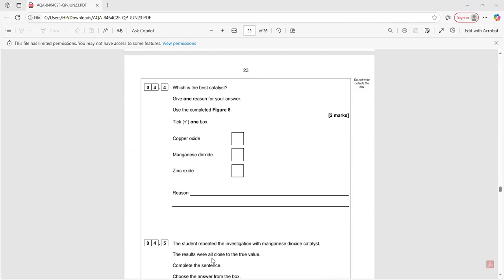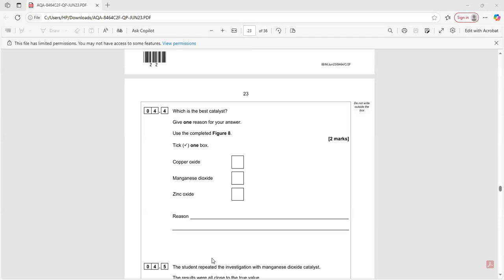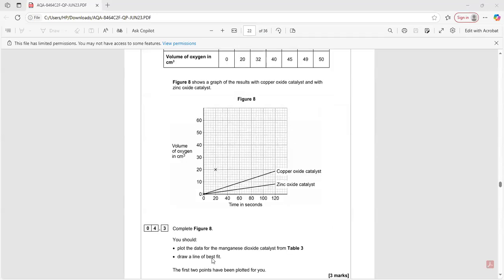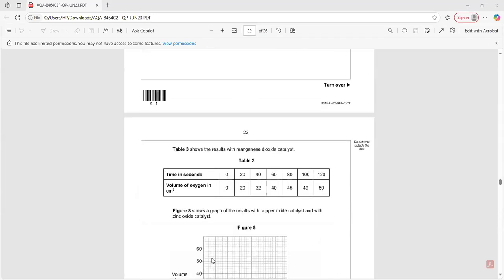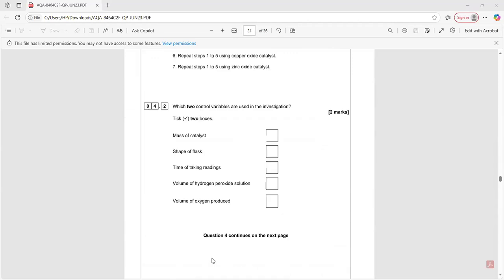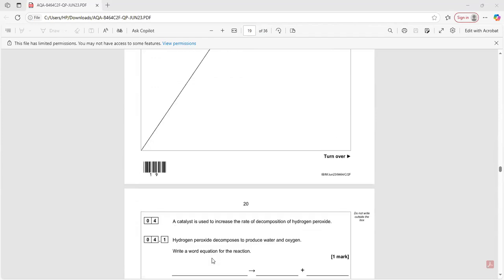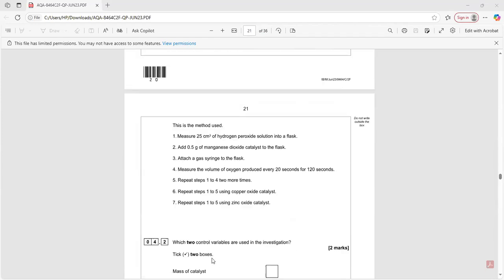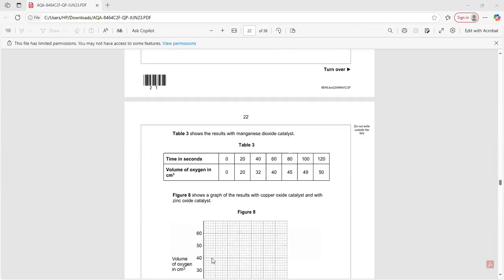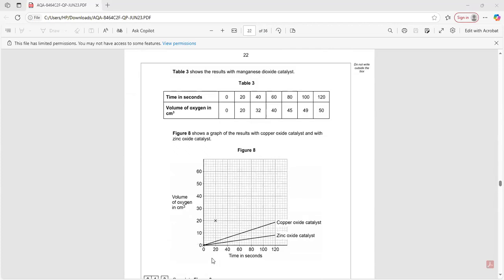Which is the best catalyst? So now, I'm not sure, can we really conclude on this? I'm looking for, was there a table that was given? I'm wondering what you are even going to use and plot the graph for.